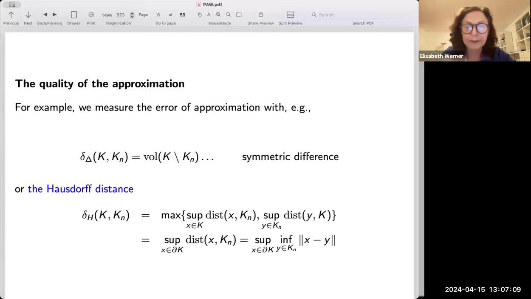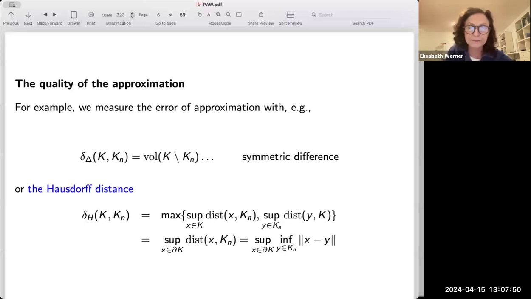And of course, the biggest distance to the random polytope Kn, which sits inside K, is realized if we pick the points x on the boundary of K. So our Hausdorff distance, in the case when the body is contained in K, which is the case for the random polytope, is the sup of the distance from x to Kn, where we take the sup over all x in the boundary of K. And here I have just written what the distance from x to Kn is. It's the infimum over all y in Kn of the Euclidean norm of x minus y.